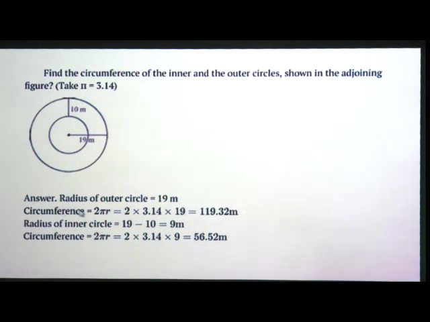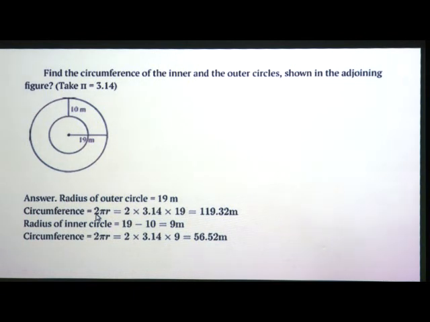The circumference, now you know the formula, is equal to 2 pi r. Remember, circumference is equal to 2 pi r and the area of a circle is equal to pi r square. So, do not get confused, here the circumference is 2 times pi times the radius.